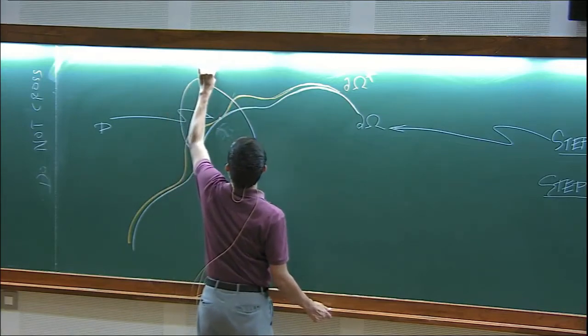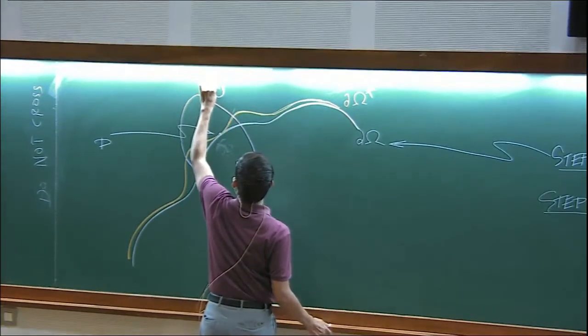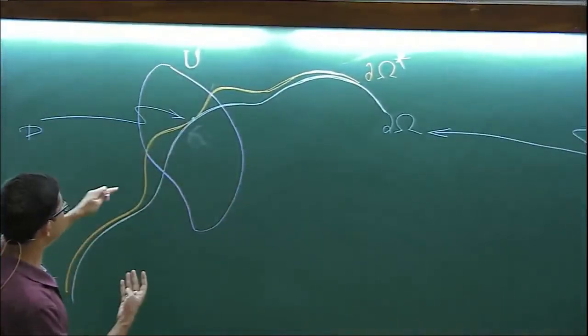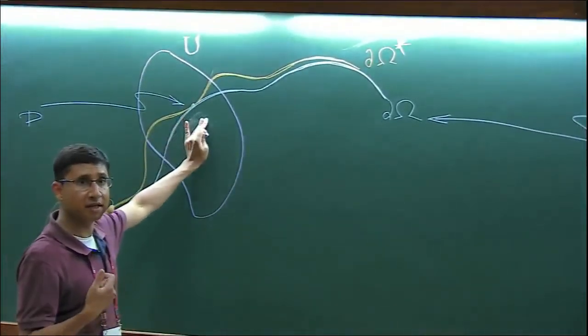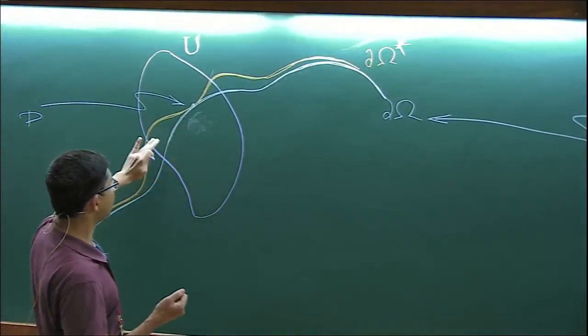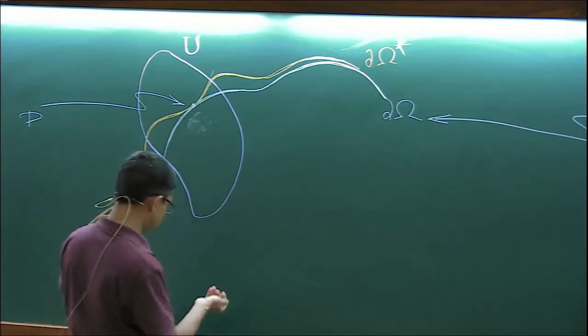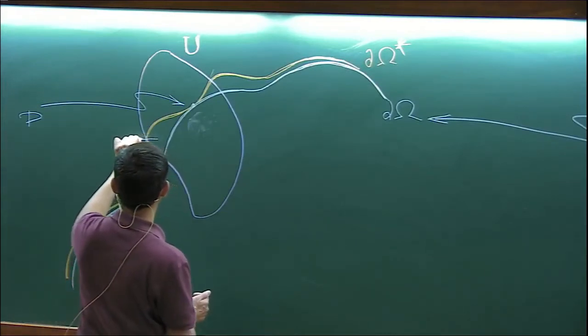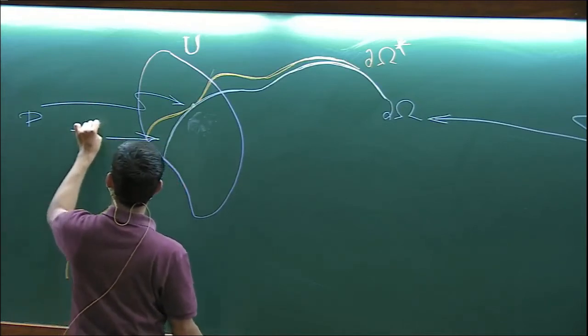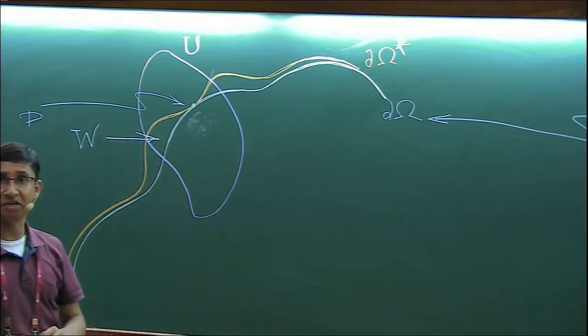U, on which, or at least on U intersect omega, there lives an open set that I called W. You have a function that has a certain peaking behavior.